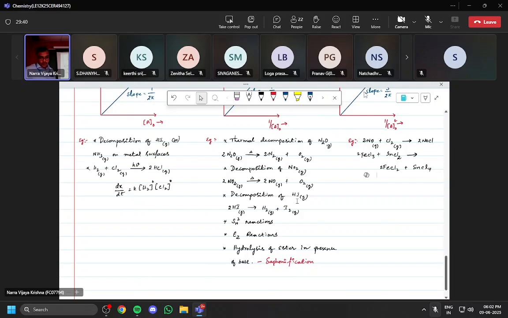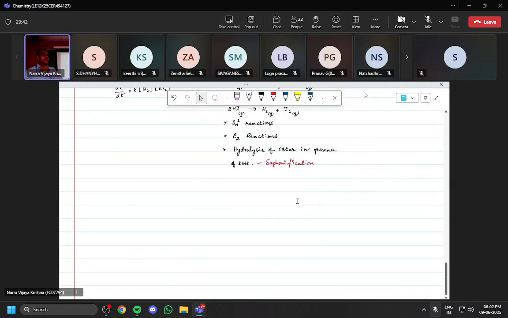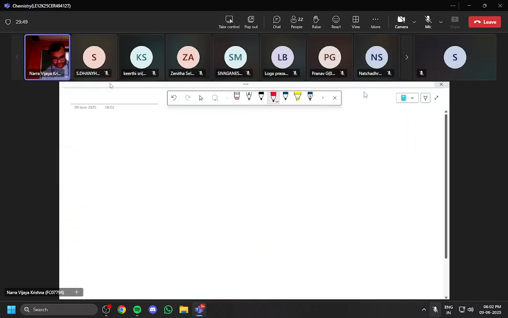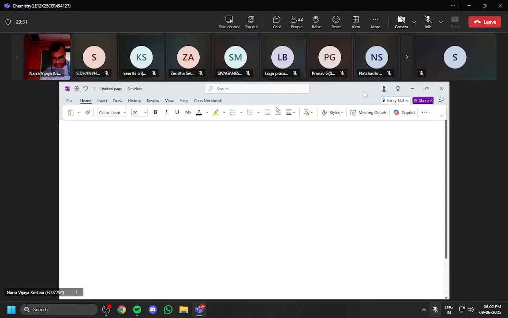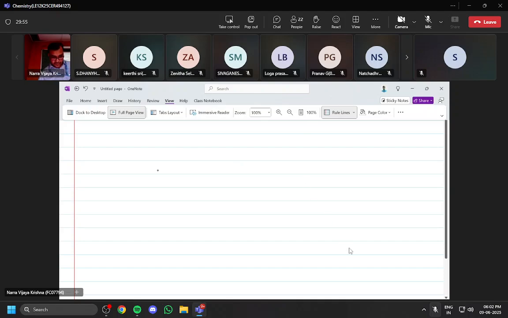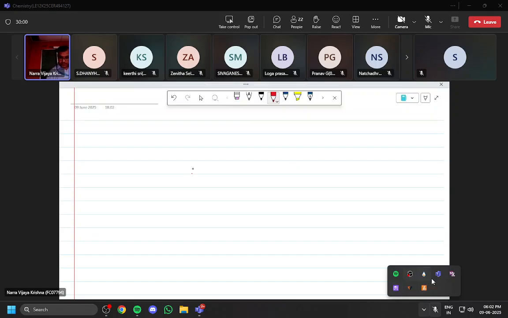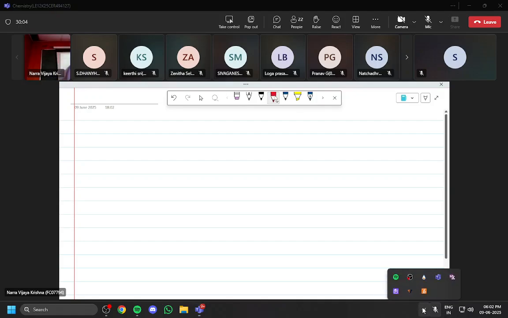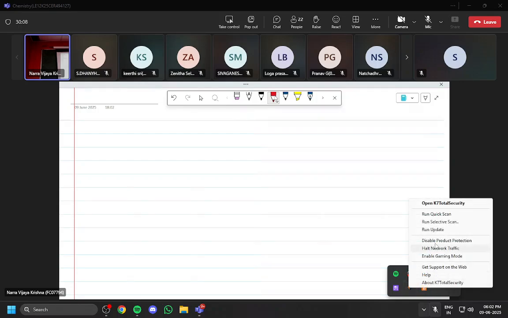Now coming to first order kinetics. Before going to first order kinetics, what have we done in the integration method? How do you calculate rate constant K in the integration method?